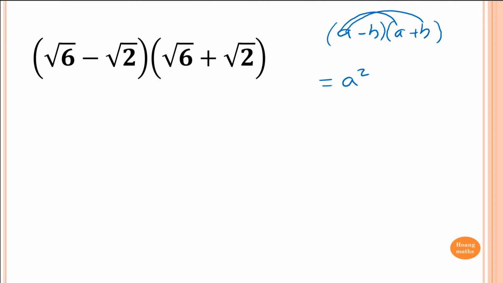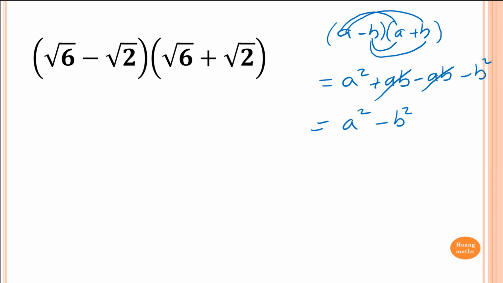A times B is plus AB, of course. And minus B times A is minus AB. Minus B times B is minus B squared. So, simplify, this cancels out. So, it gives me A squared minus B squared. So, recognize this is a lot easier.